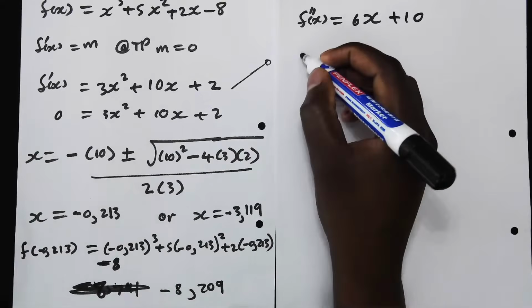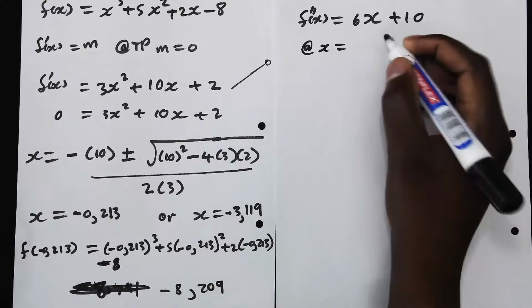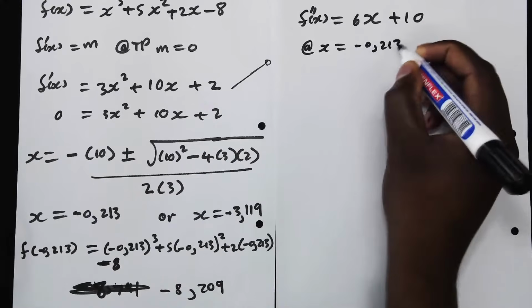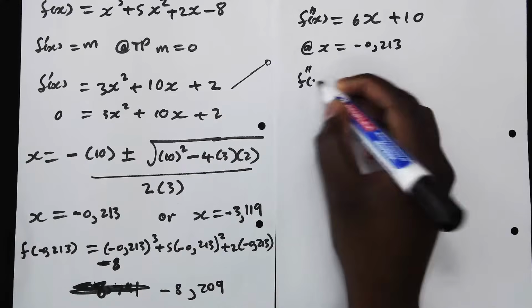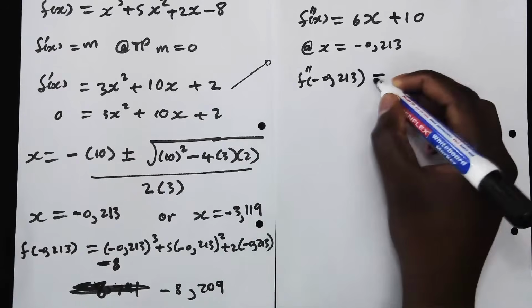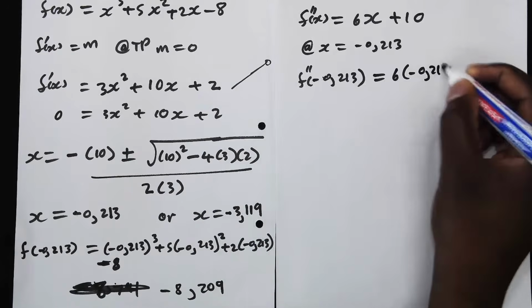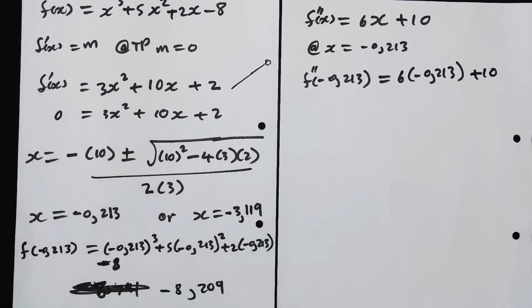Therefore, we need to find, at x equal to negative 0.213, plus 10, is it a negative or a positive value when you substitute?